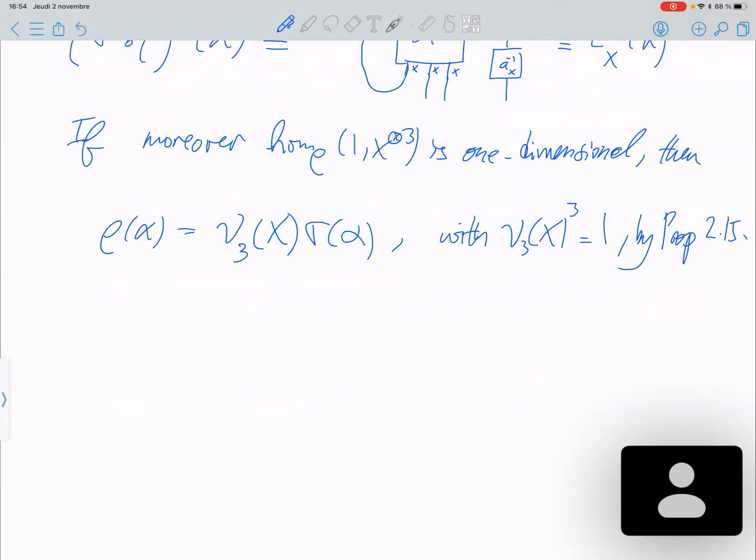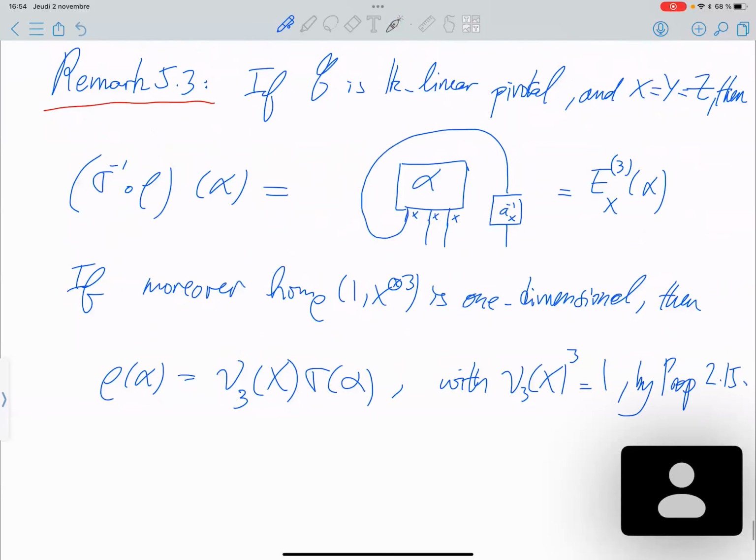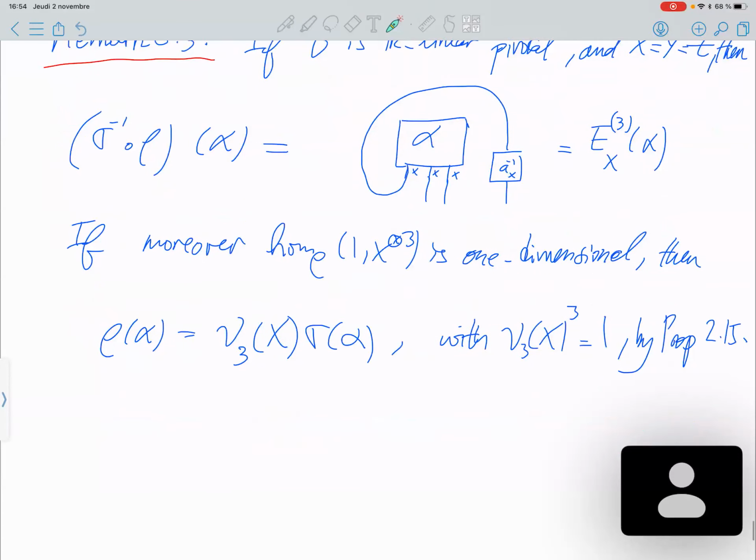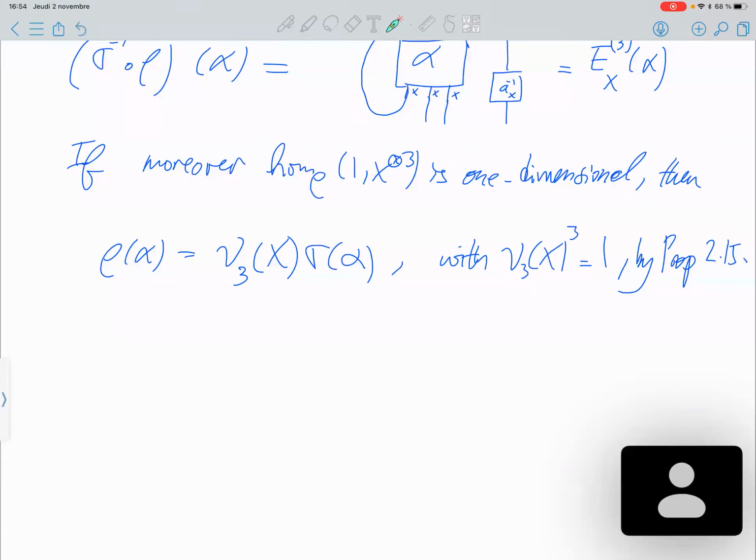proposition 2.15. Okay. So if X equal Y equal Z, you can go from this natural transformation to this one up to a multiplicative constant equal to the third Frobenius indicator, which corresponds here to some picture like that. We will see that later when we consider the tetrahedron and a triangular prism.